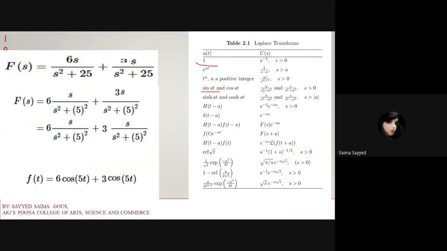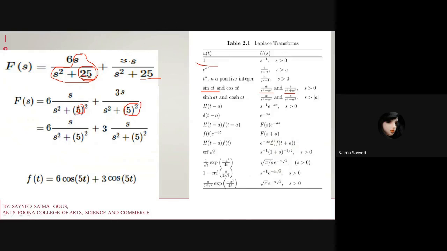The formula for sine at is a divided by s square plus a square, and cos at is given by s upon s square plus a square. So it is in the form of s upon s square plus a square. To make this a square, 25 becomes 5 square, and here also 25 is 5 square.